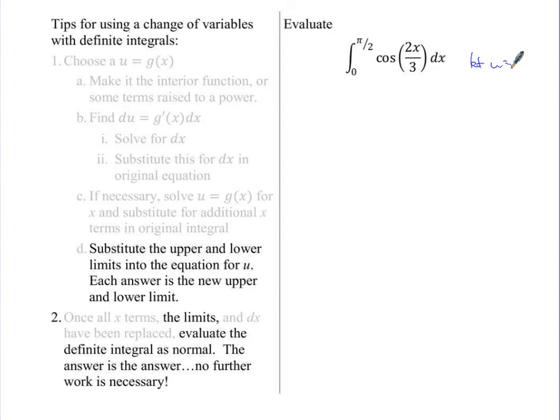Okay, so it's not raised to a power. What's inside the trig function stays there. You're not allowed to change it in any way unless you use an identity or something. 2/3 x. I like the hesitation. If it doesn't work, then we'll go back and try to figure something else out. But this is the inside function here, 2/3 x.